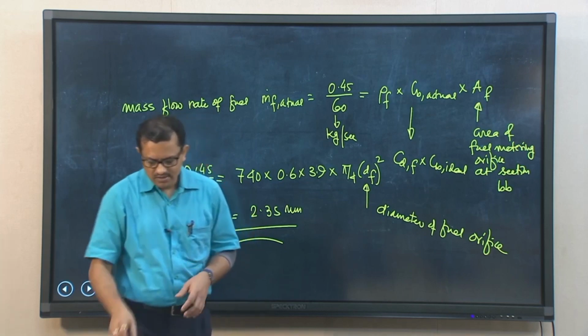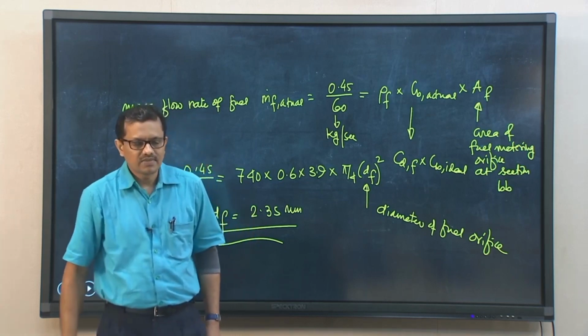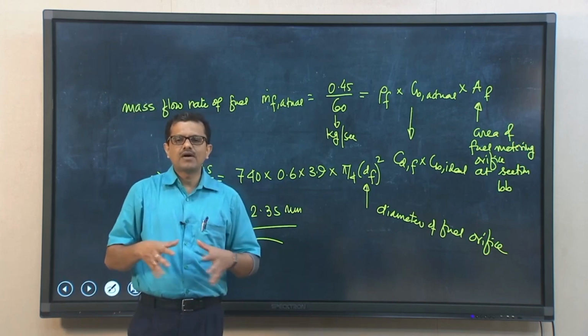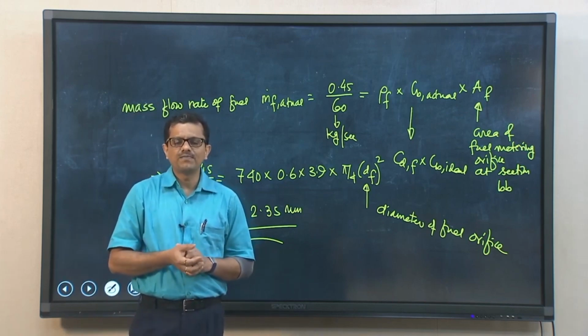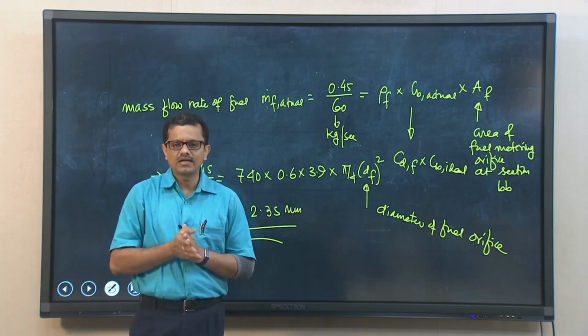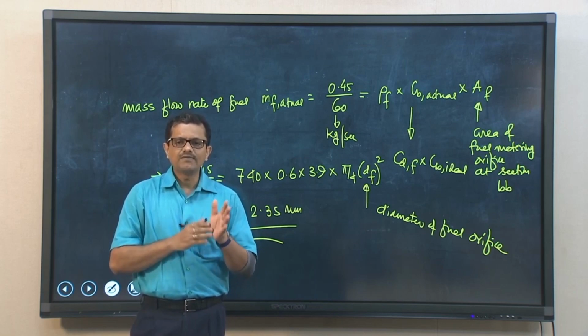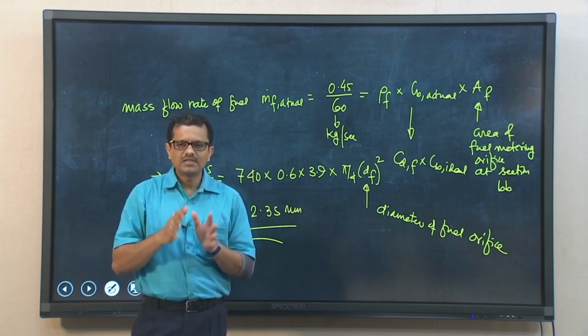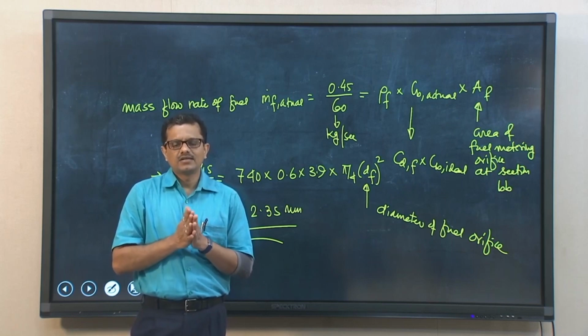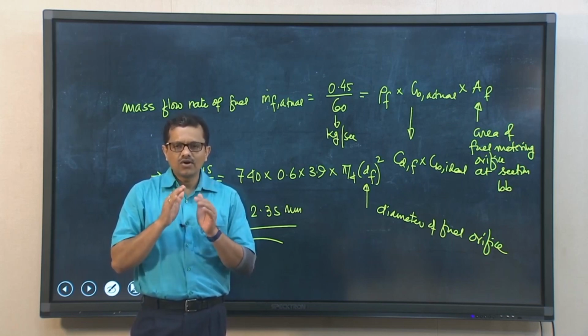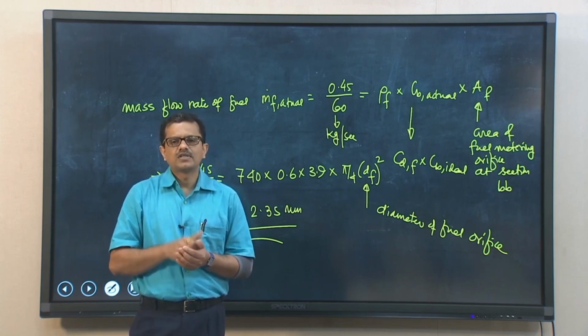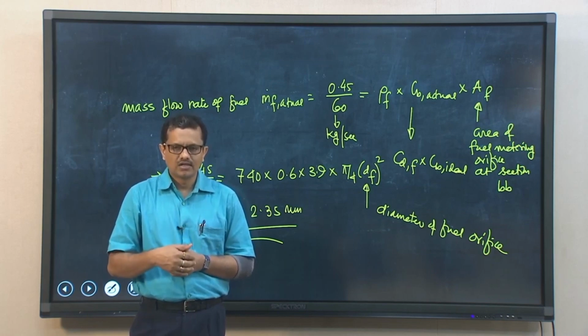To summarize today's discussion, we have discussed the limitations of a simple float type or elementary carburetor. Identifying those, we have discussed that a designer should consider all these issues for the design of a modern carburetor.